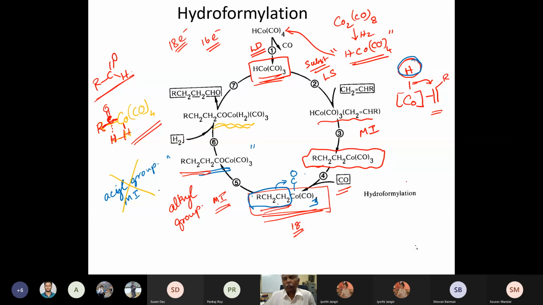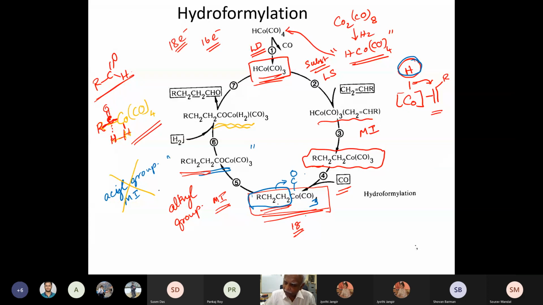Now, let's just think about this for a minute. You reacted this acyl species with dihydrogen. What about reacting with this alkyl species? As I mistakenly wrote it, this could also happen.